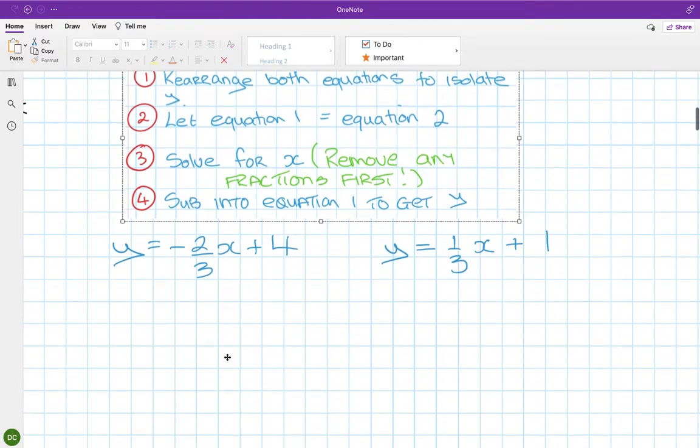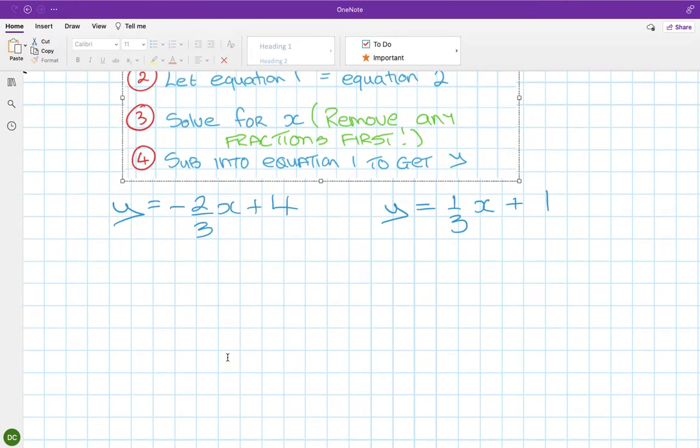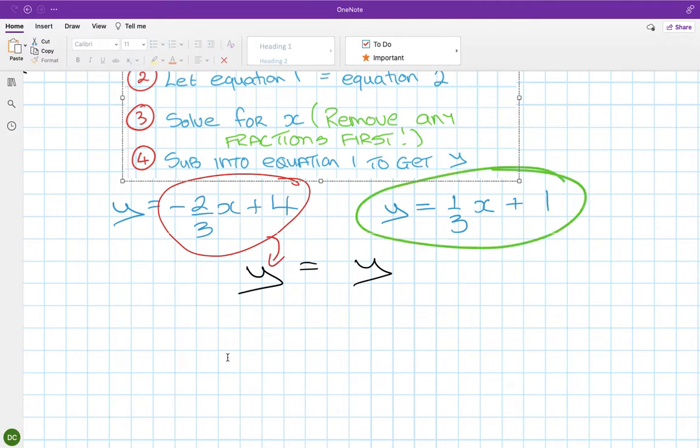And then what we're going to do is we're going to say y equals y. We're going to use this version of y here, and this version of y here. So we end up with minus 2 over 3x plus 4 equals 1 over 3x plus 1.